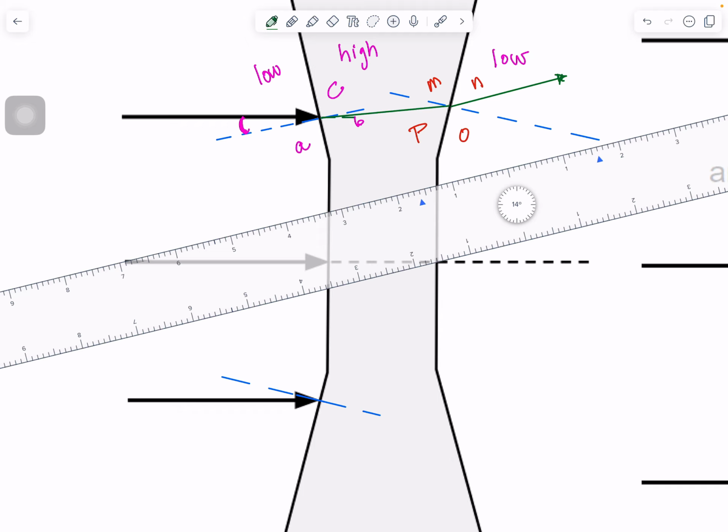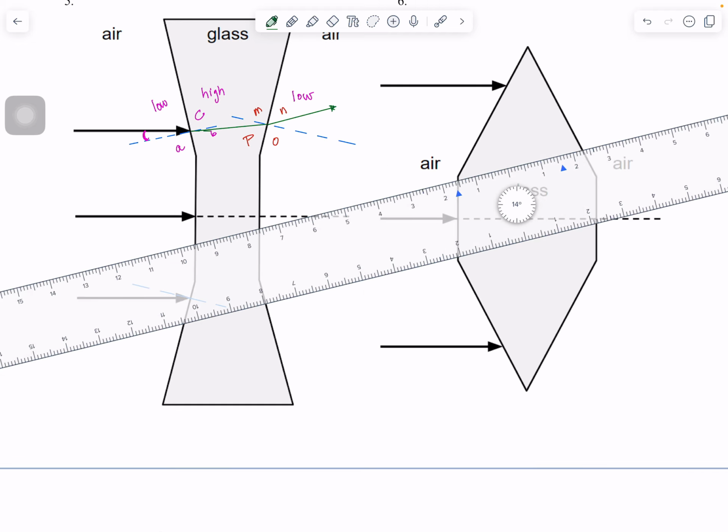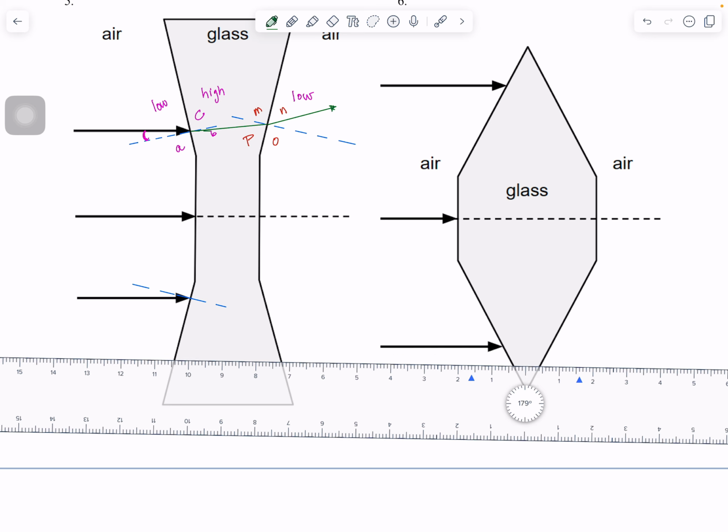All right, keep doing these. So you'll do a similar process for the lower half and for here. Draw the normal, do the first ray, goes all the way across, then do another normal, draw the second ray. Make sure that you are going into the right quadrant and that you're bending towards or away from the normal.